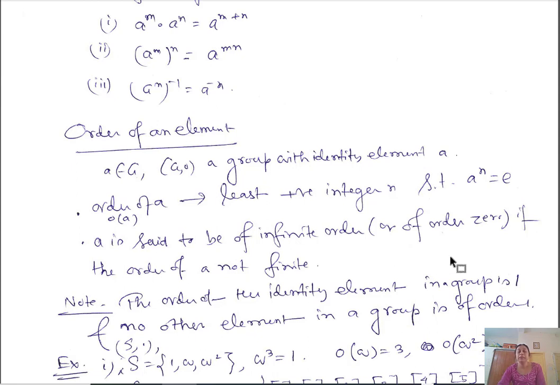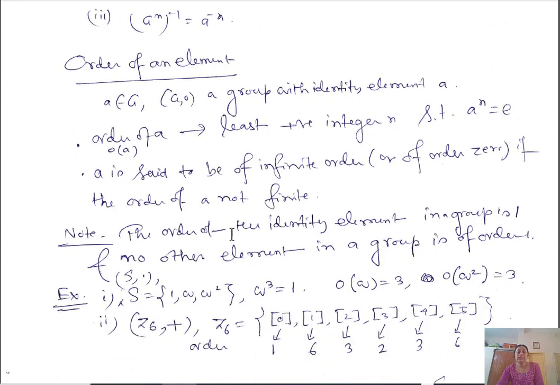E to the power 1 is E, but E to the power 2 is also E, E to the power 3 is also E. But the least positive integer for which E to the power n is E, that is 1. n equal to 1. So that is how we define this. This word is important: least positive integer. Least. So order is associated with the least positive integer with this restriction.